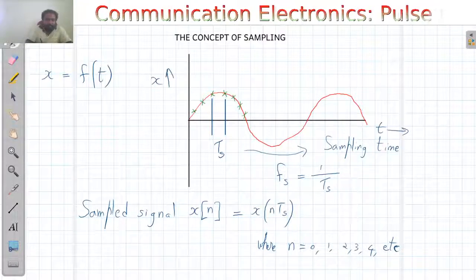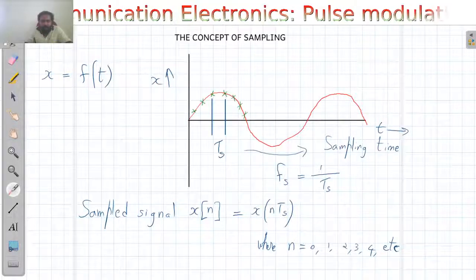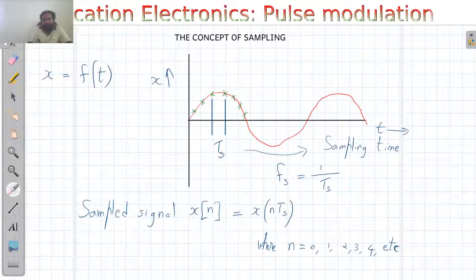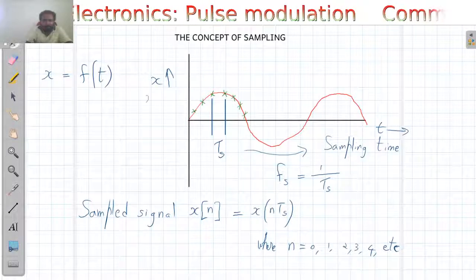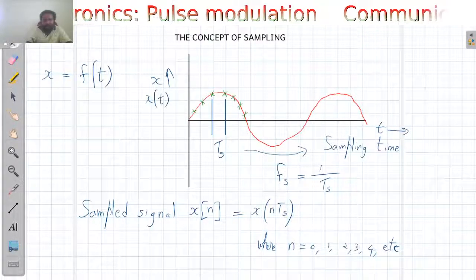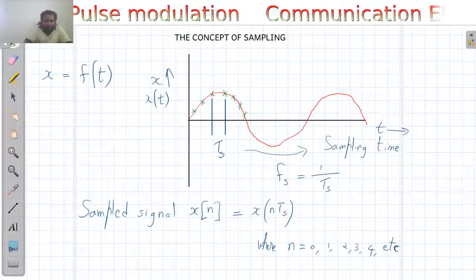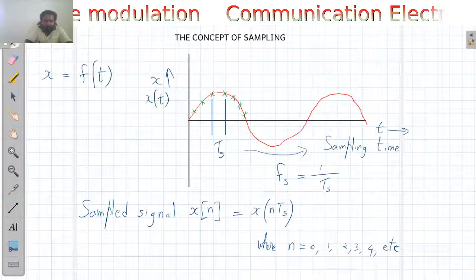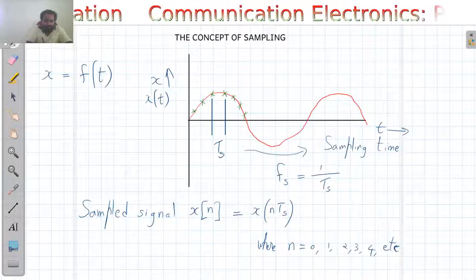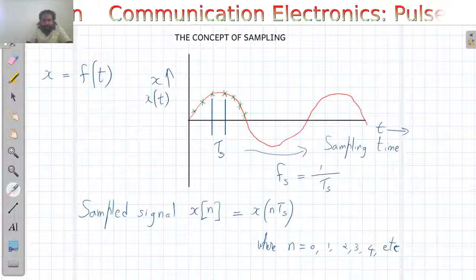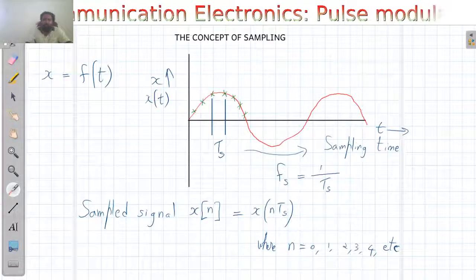So I can call it x of t, because it is a function of time. This x of t represents our continuous wave. That is, the red colored wave is represented by x of t.